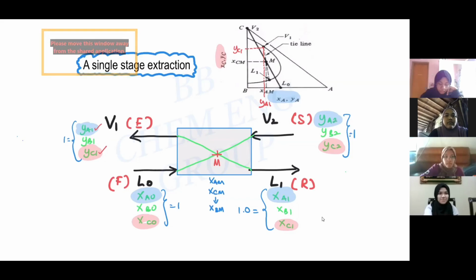So you have to look at the overall situation given to you in that particular question first, and then analyze whether it is needed or not to use the material balance to solve the unknown. Okay, understood, Miss. Thank you, Miss.